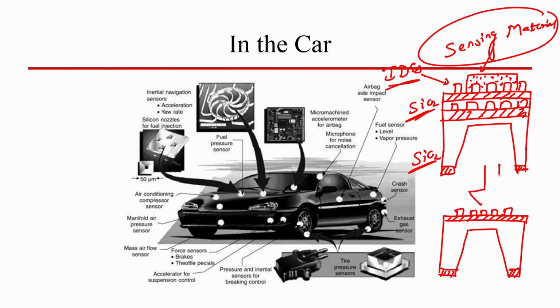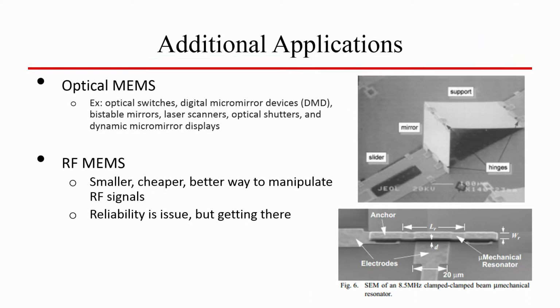If it is a strain gauge, then depending on the bending of this diaphragm, the strain will change, and you can measure the strain using these contact pads. Pressure sensor, so easy to fabricate. It requires only a 2 mask process to fabricate, and these things we will be learning in the next few modules. Now, what are additional applications of these MEMS?